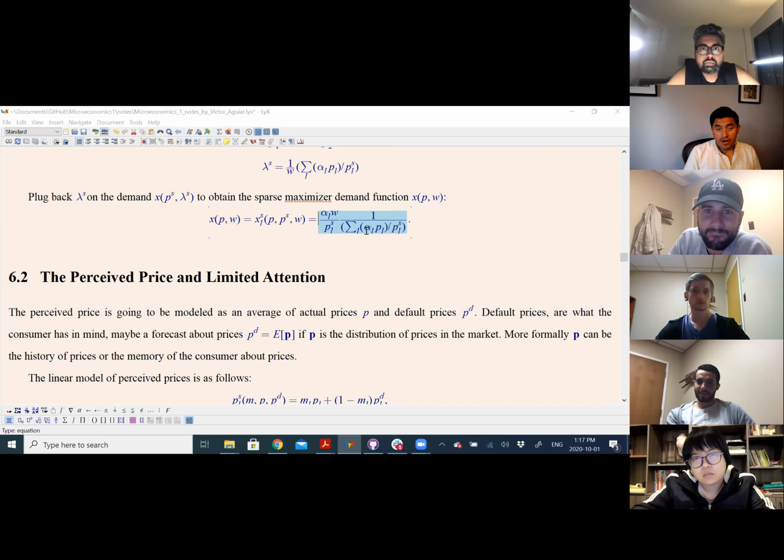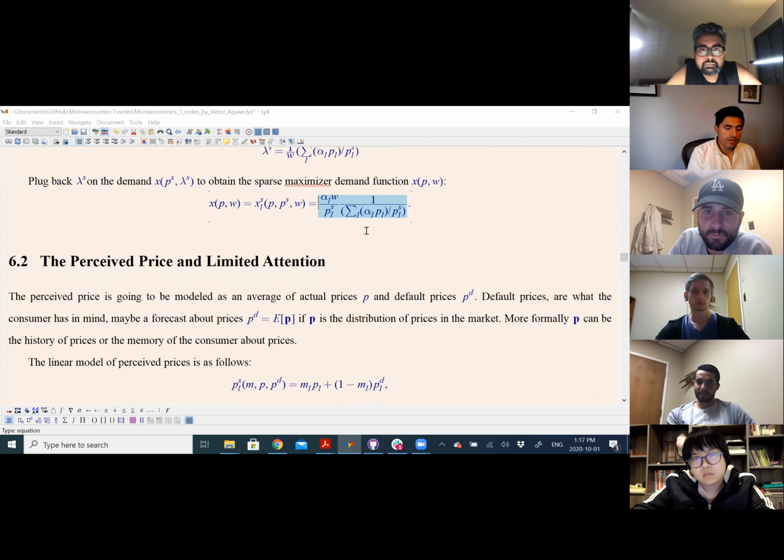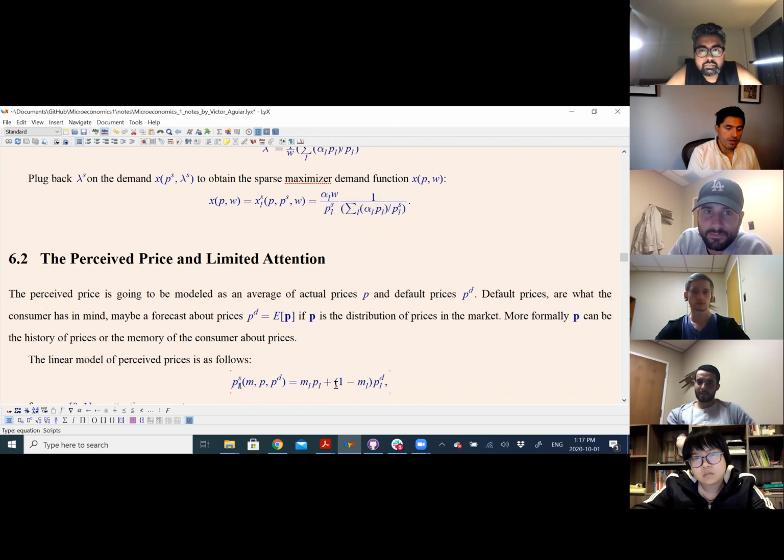Then let's count parameters. According to this model that you see at the bottom of the screen, how many new parameters do you have? You have M_l. How many of them? 2 or 1? No, one per good. So you have L goods, in this case 2. So 2 more.